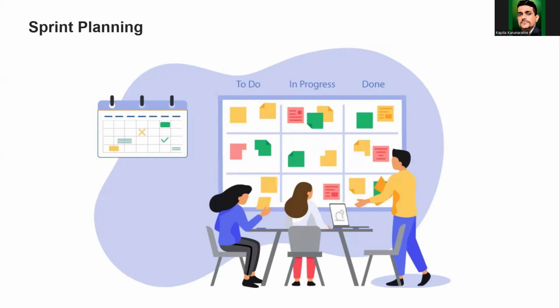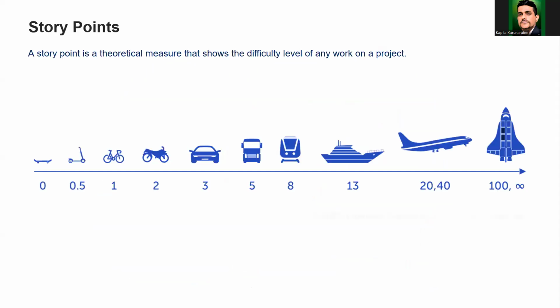Planning poker is mainly used by Scrum teams. Basically, we are playing poker. We have a card set with different values: the first card is 0, then 0.5, 1, 2, 3, 5, 8, 13, 20, 40, 100, and infinite.